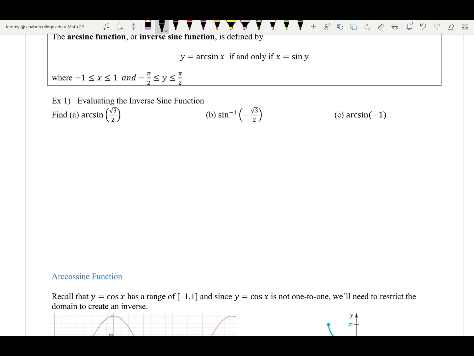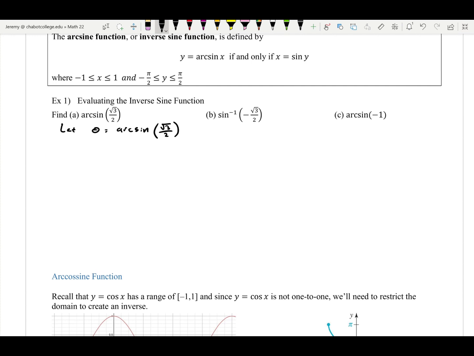So the way I like to start these is I like to say, let's let theta equal arc sine of root 3 over 2. Okay, so we're looking for theta.